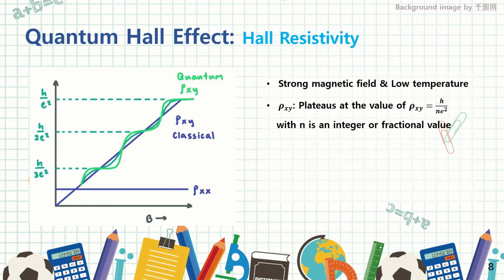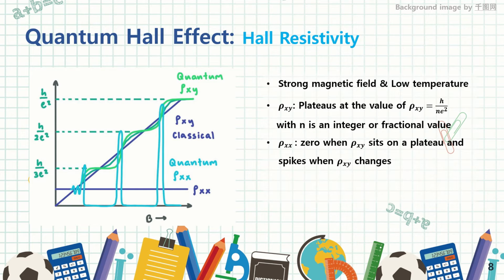On the other hand, the longitudinal resistivity vanishes to zero whenever the transverse resistivity sits on a plateau, and it spikes when the transverse resistivity changes from one plateau to another.